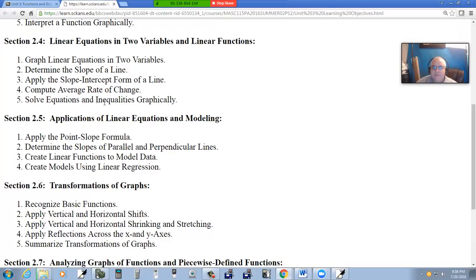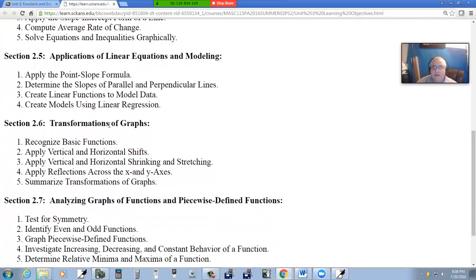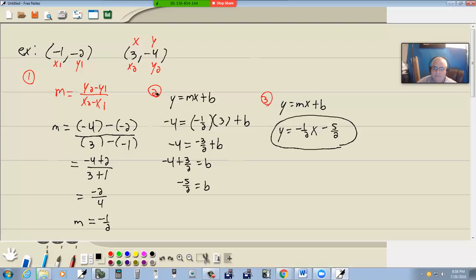Let's see. Let's talk about the parallel and perpendicular lines. Let me clean this off first.